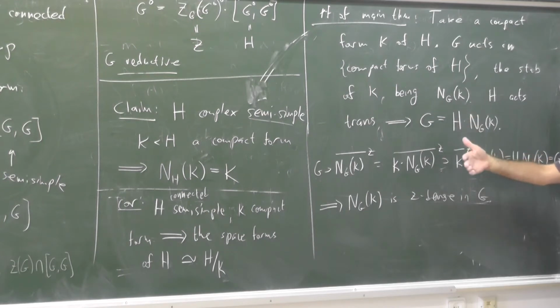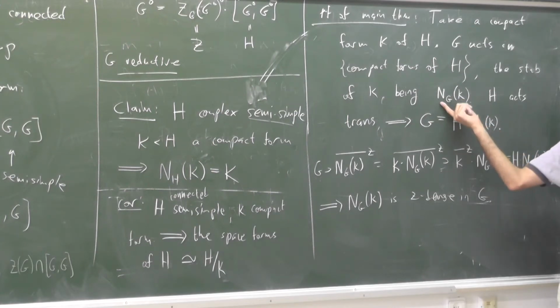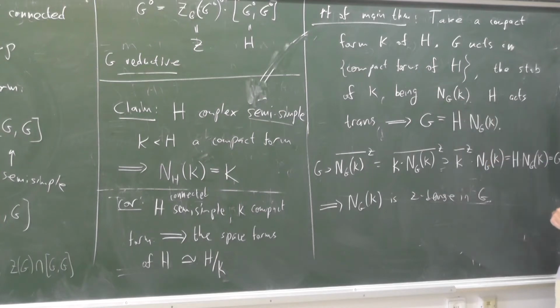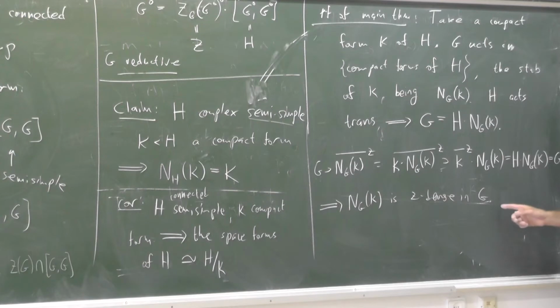My mission is to come up with a compact form for G. I want to find something compact in G, right? Compact and dense. Now, this is pretty close to being compact. It is not compact, it's compact modulo some centralizer. It's almost compact. And it is dense. This is what I want.